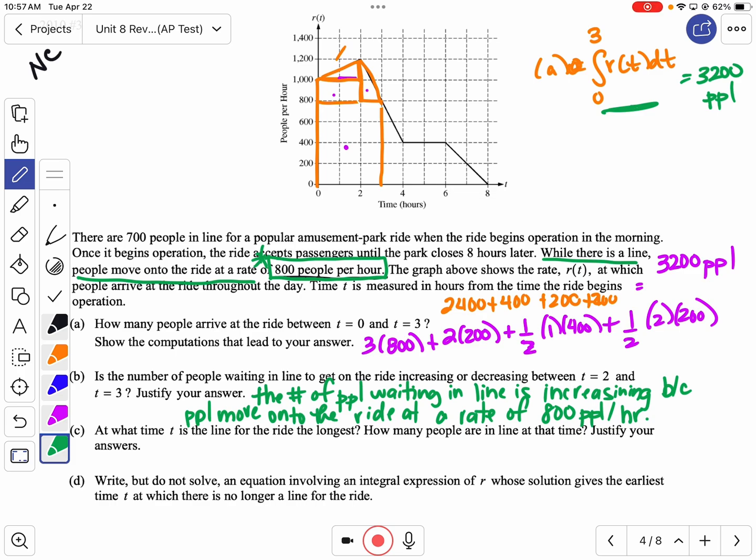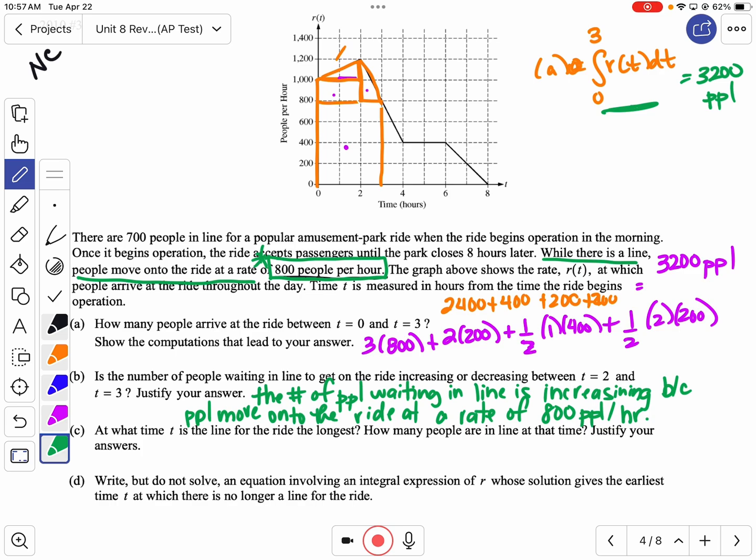It doesn't tell me that, so we can't think about that part because it didn't tell me. I didn't say it's a good problem. The 800 is the people getting onto the ride, not the people getting into the line. Yeah, it's the people getting out of the line too.